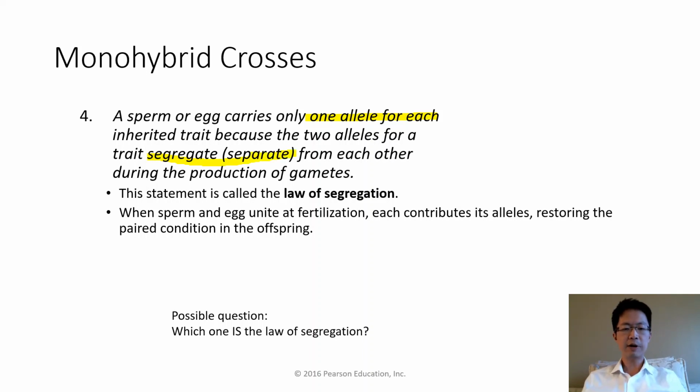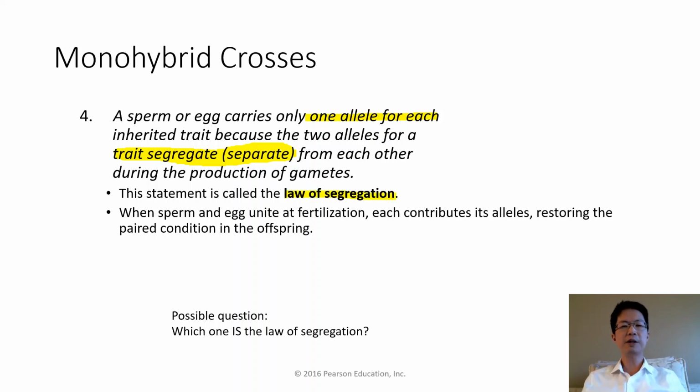Segregate is a fancy word for separate. So the gamete only gets one allele, and then that's why fertilization, when sperm merges with egg, the two alleles will regroup. We call it law of segregation.